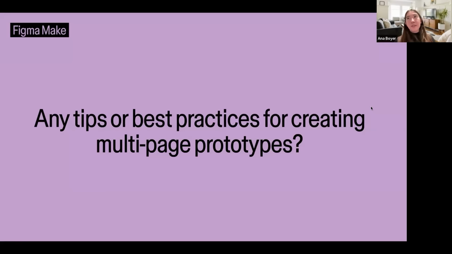Generally, we recommend, for instance in the World Peas mobile example, that I did not paste in all those different screens and ask it to just build this app, because it's a lot to ask it to do. It's also going to make it less likely that the output I get from Make will align perfectly with my vision.